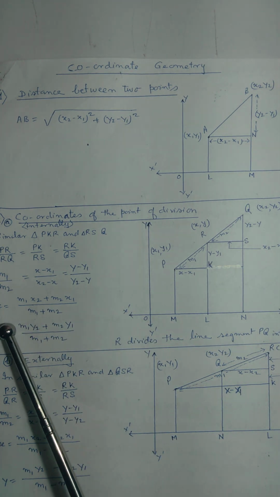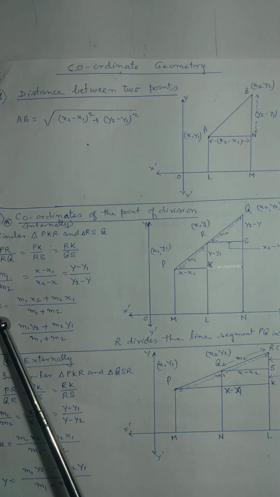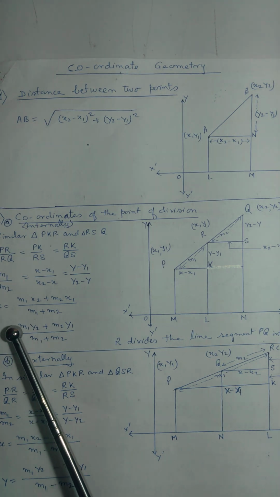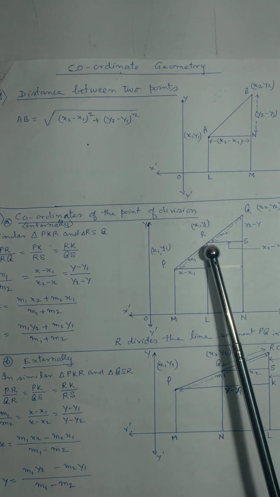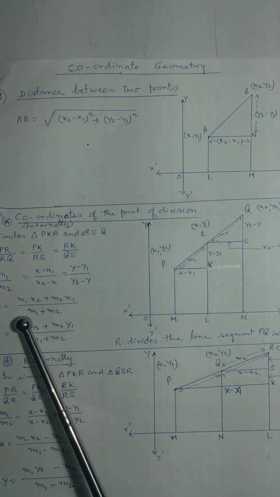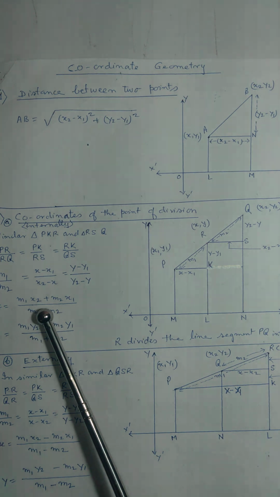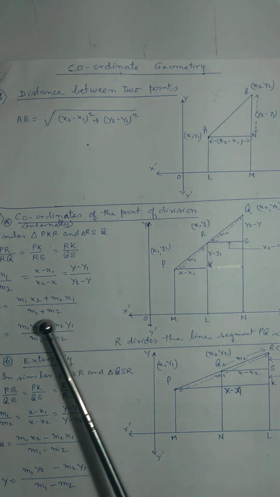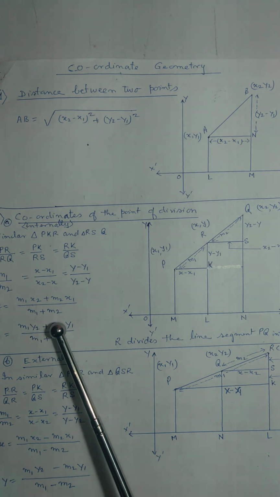So to solve for x, the abscissa for R will be equal to (m1 into x2 plus m2 into x1) upon (m1 plus m2).